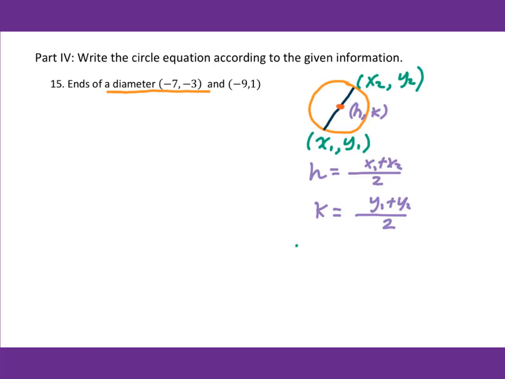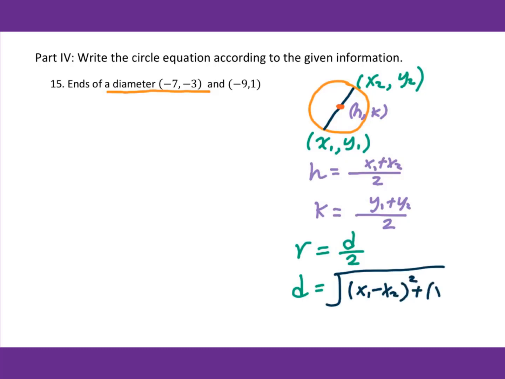For the radius, that will be 1/2 of the diameter. For the diameter, if we are given 2 coordinates, we can get x1 minus x2 squared plus y1 minus y2 squared. Then you take the square root, you will get the distance for the diameter. Then 1/2 of the diameter equals the radius.